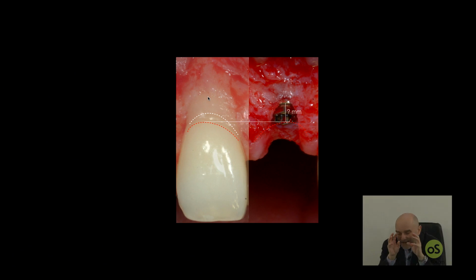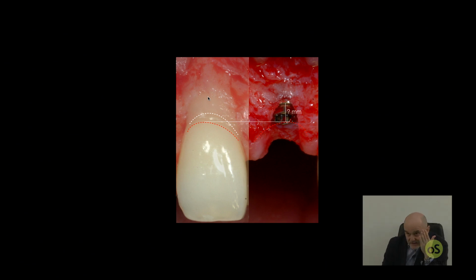So we can start with at least one fixed reference that we should keep in mind: every single time we place an implant in the ideal situation of the homologous contralateral tooth, we should place it at about 3.5 millimeters distance from the soft tissue margin of the adjacent tooth, which must coincide with the soft tissue margin of the implant-supported crown.